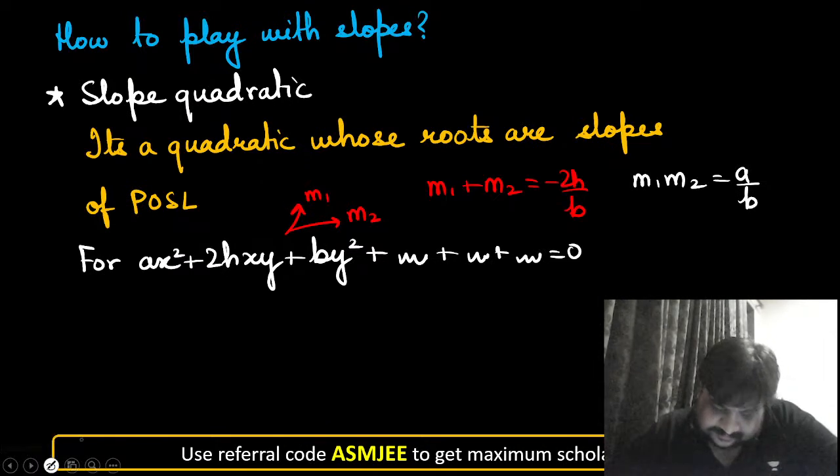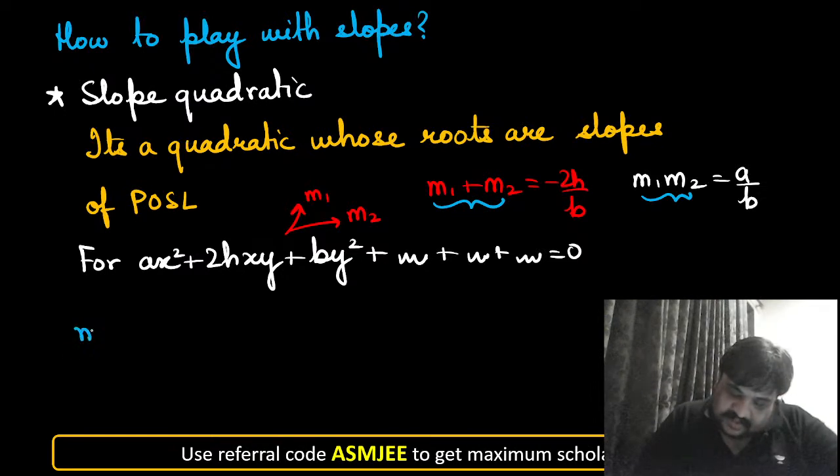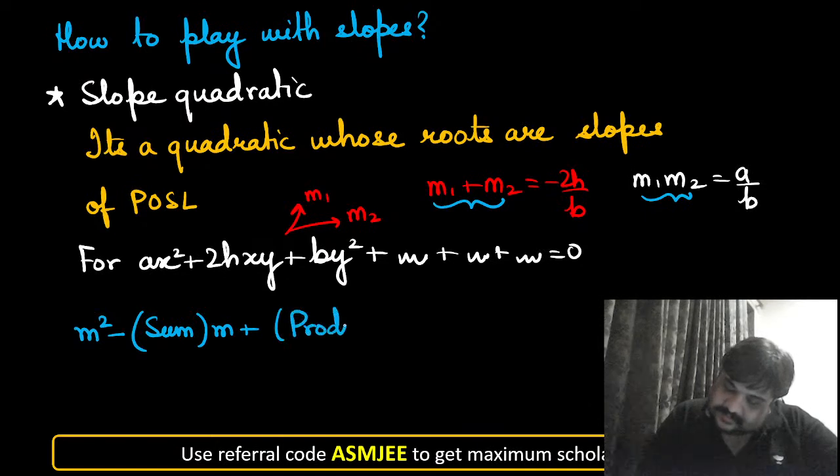Right? So you have sum of the roots and product of the roots. The quadratic that you want to find will be m square minus sum of the roots plus product. Yes or no?